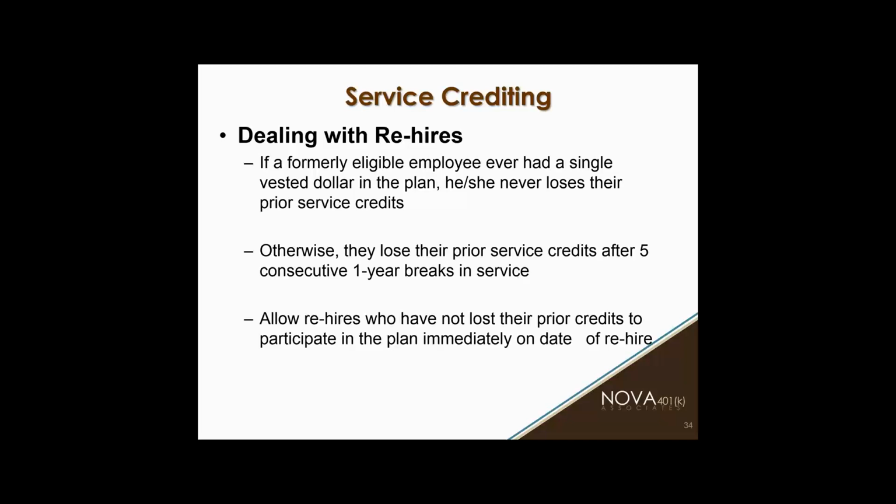So if your document said, I'm only going to allow people to make changes twice a year, and the person said no on 7/1 of 2020, they have to wait until at least 1/1 of 2021, and then you'd let them back into the plan. If it was payroll by payroll, the minute somebody decided after 7/1, okay, 3 months later I changed my mind, then let them in on the next available payroll. So it just depends on your plan.